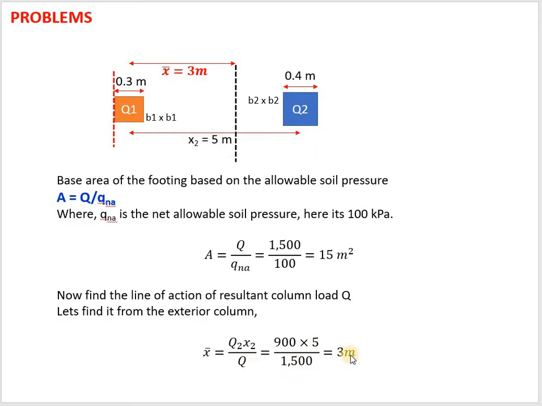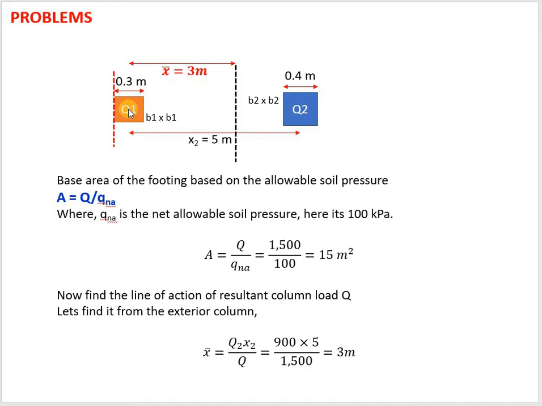You get x bar as 3 meter. So here is the point where x bar is acting. I've just given a section here, and this is the point of action of the load Q at a distance of 3 meter from the point Q1 where Q1 is acting.